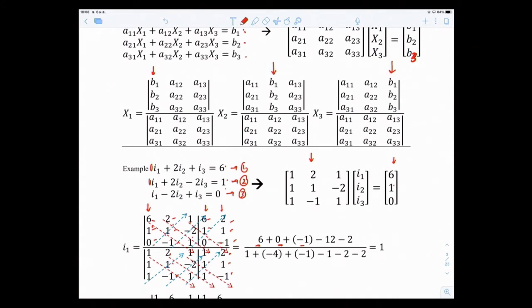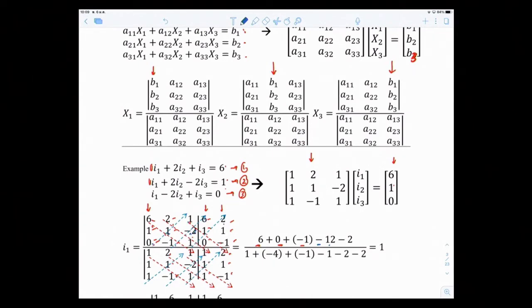Then subtract the multiplication the other way, the blue color. So 0 times 1 is 0, I didn't write it down, and 2 times 6, 2 times minus 1, becomes, 2 times 6 is 12, so subtract 12.